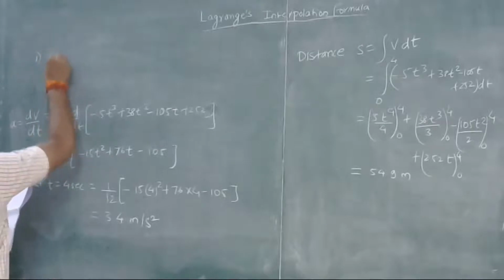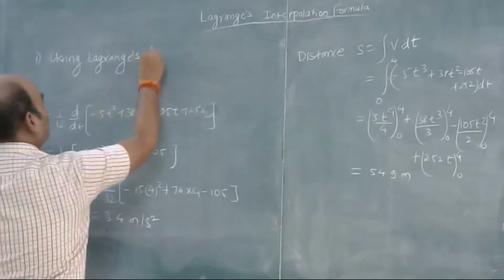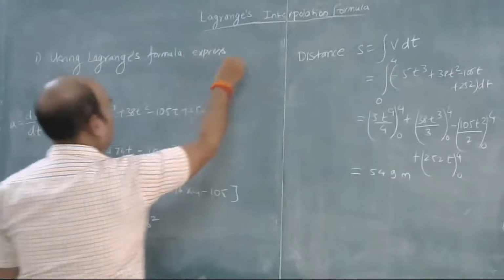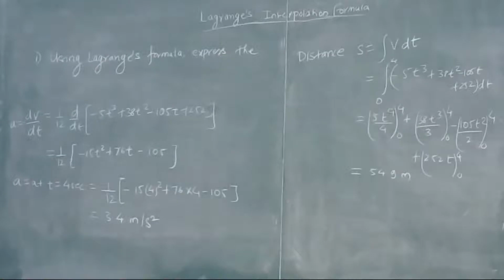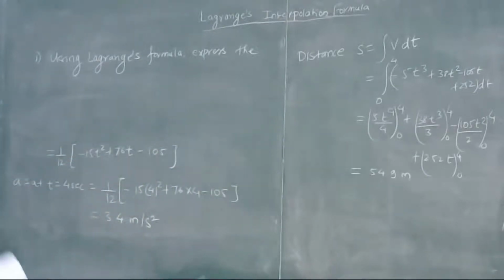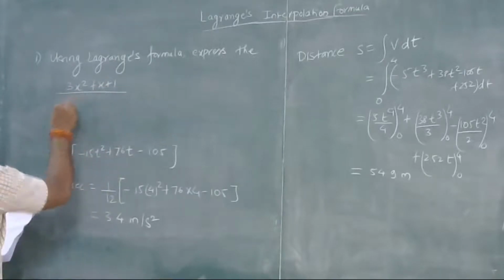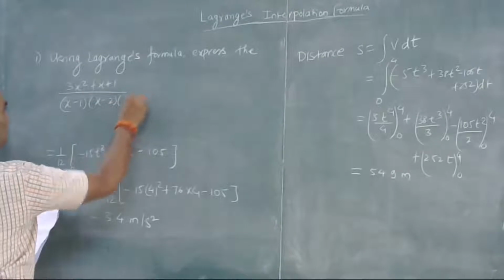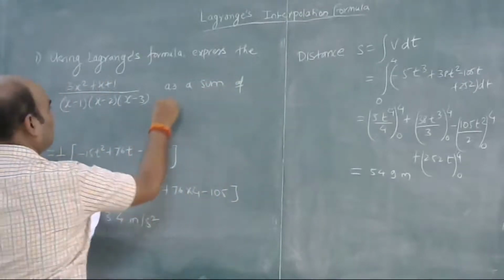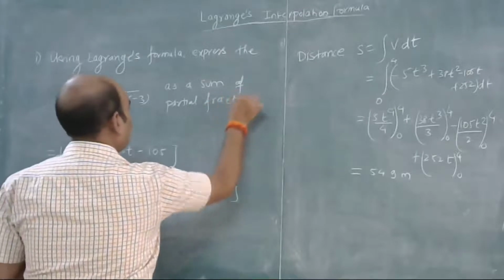Next question: using Lagrange's formula, express the function 3x square plus x plus 1 divided by x minus 1, x minus 2, and x minus 3 as a sum of partial fractions.